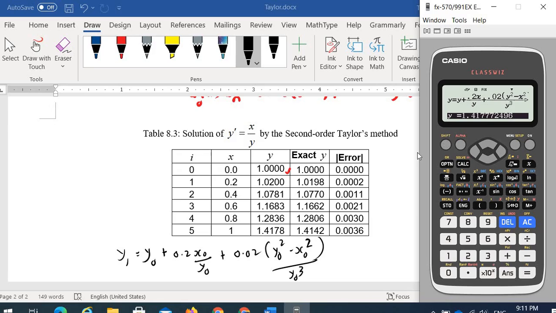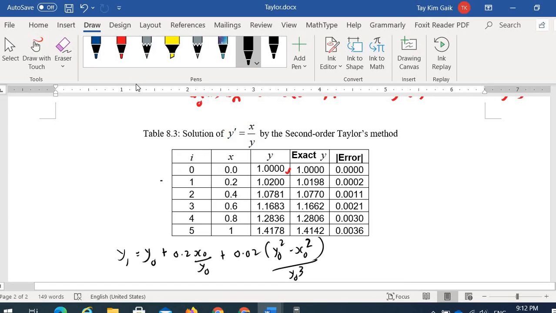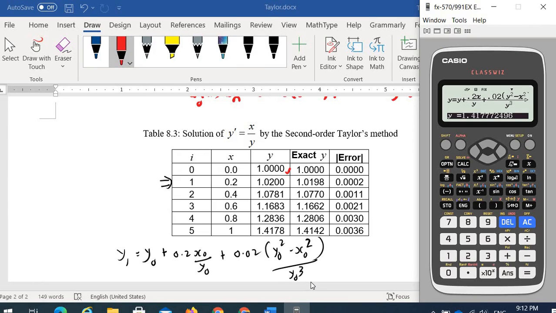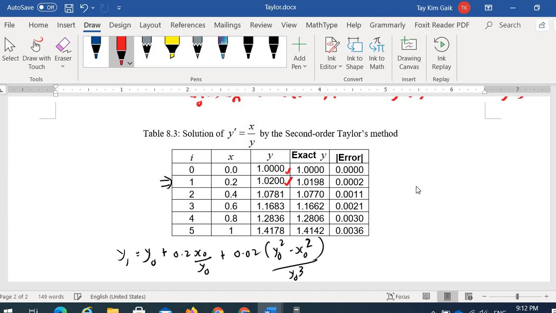So to calculate y1, y1 depends on y0. You input the y0 value, which is 1. x is 0, meaning y1 depends on x0 and y0. So you input x0 and y0. So you get 1.02.